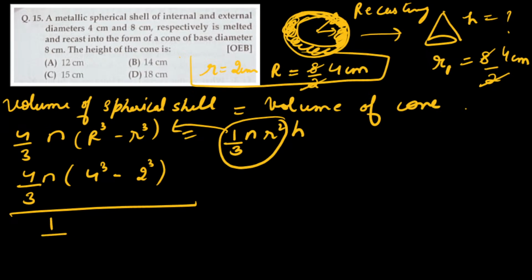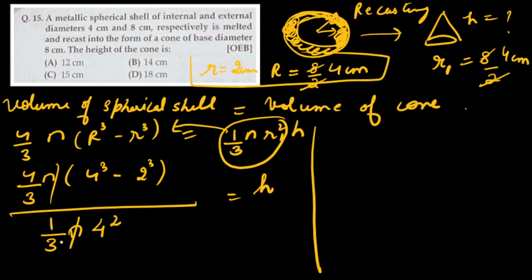When we shift it to the other side, it will get divided by 1 by 3 pi r1 square. r1's value is 4, so 4 square is equal to h. Pi and pi will get cancelled here, 3 and 3 will get cancelled. In fractions, the denominator of the first fraction can get cancelled with the denominator of the second fraction. Directly you can cancel. So now what am I left with? 4. This side I have 4.